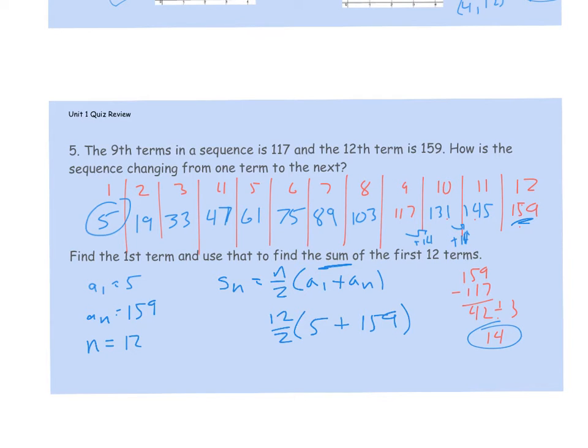If you plug this into your calculator, you should get a grand total of 984. So make sure you add these two. 12 divided by 2 is 6, so 6 times whatever that number is, and it is 984.